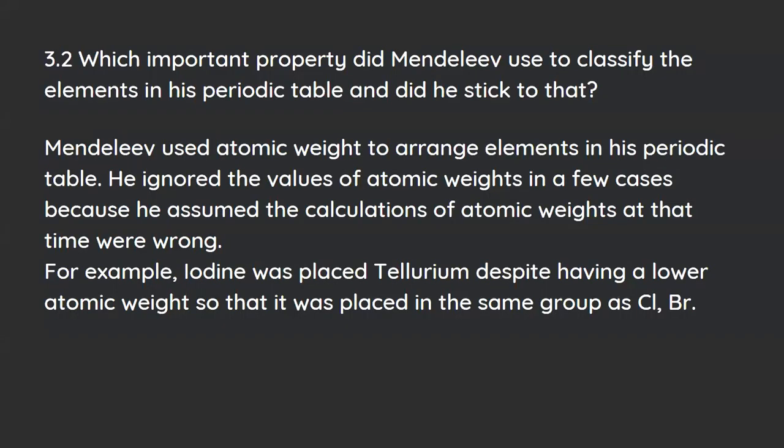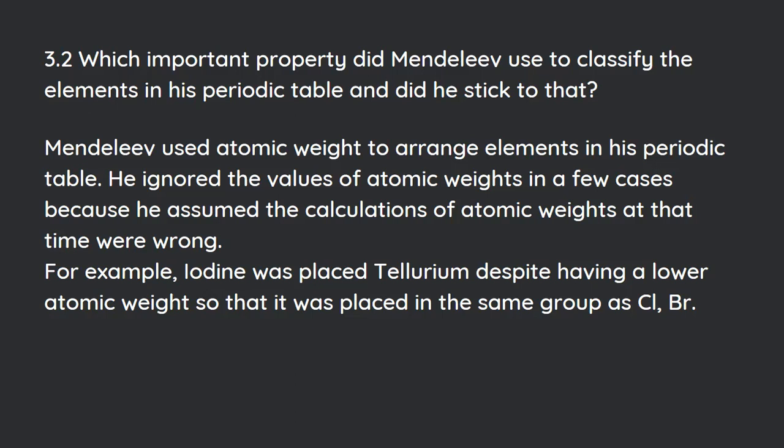Second one. Which important property did Mendeleev use to classify the elements in his periodic table, and did he stick to that? When Mendeleev was working on his periodic table, the concept of atomic number hadn't even come up. The discovery of the electron, proton, and neutron came after, at the end of the 19th century and the beginning of the 20th century. So the concept of atomic number didn't exist then.